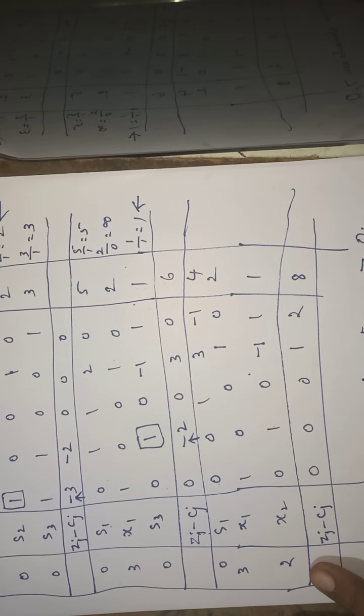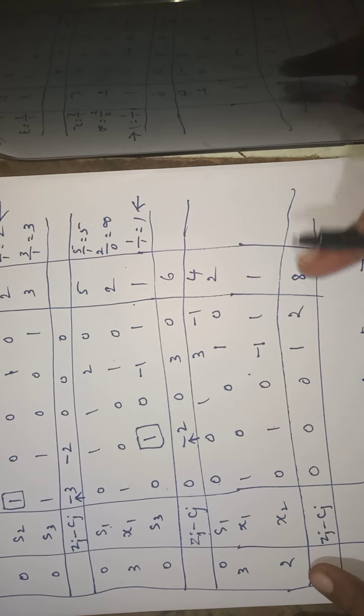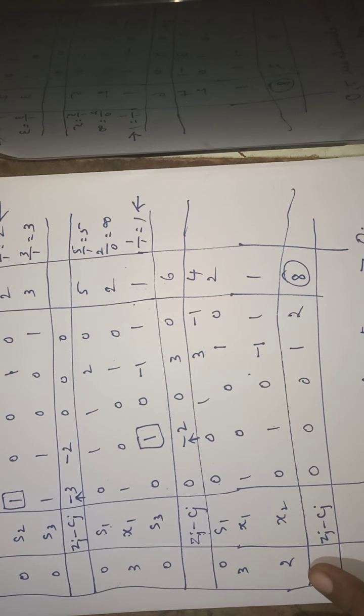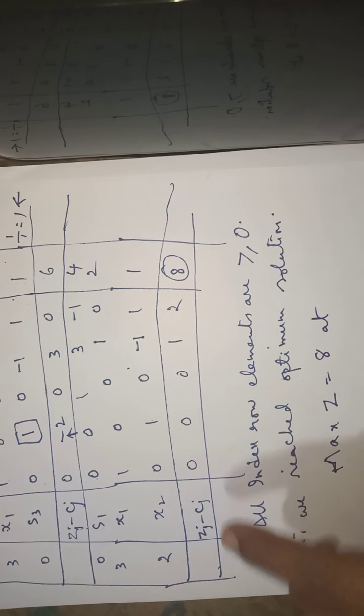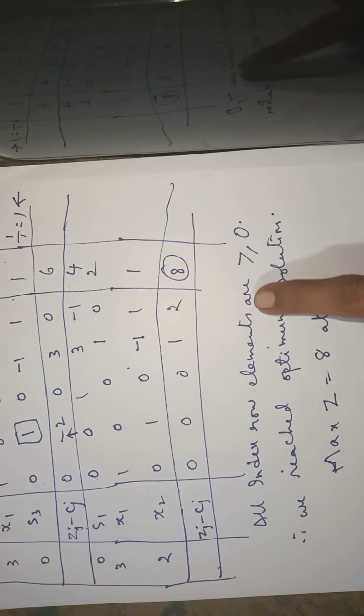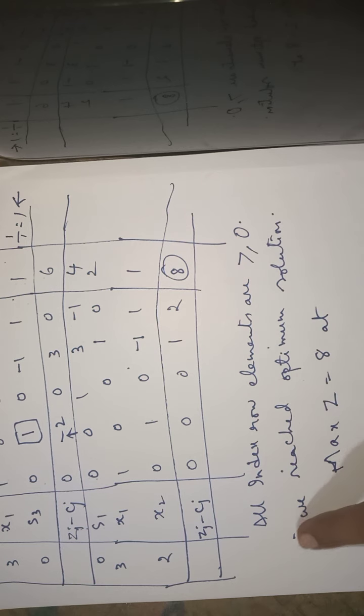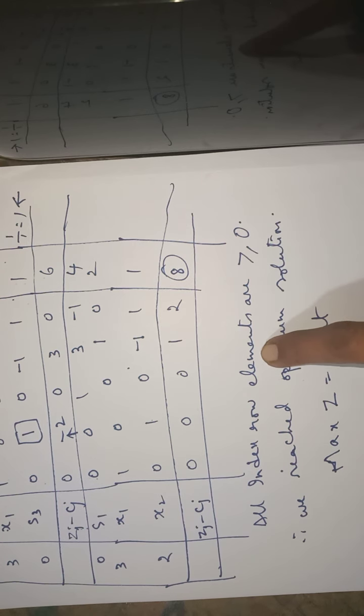Therefore, we reached the optimum solution. What is the optimum solution? Max z is equal to 8 at, now all the index row elements are greater than or equal to 0, therefore we reached the optimum solution.